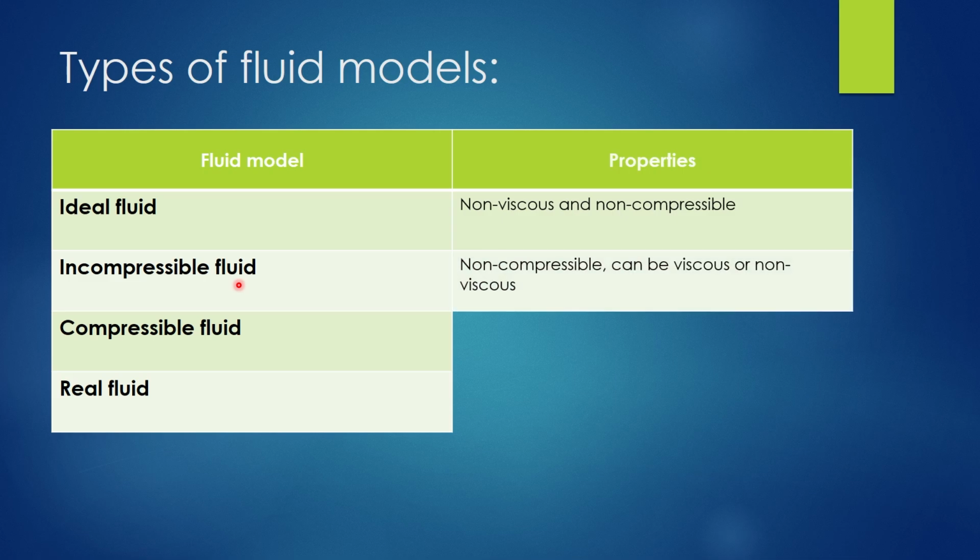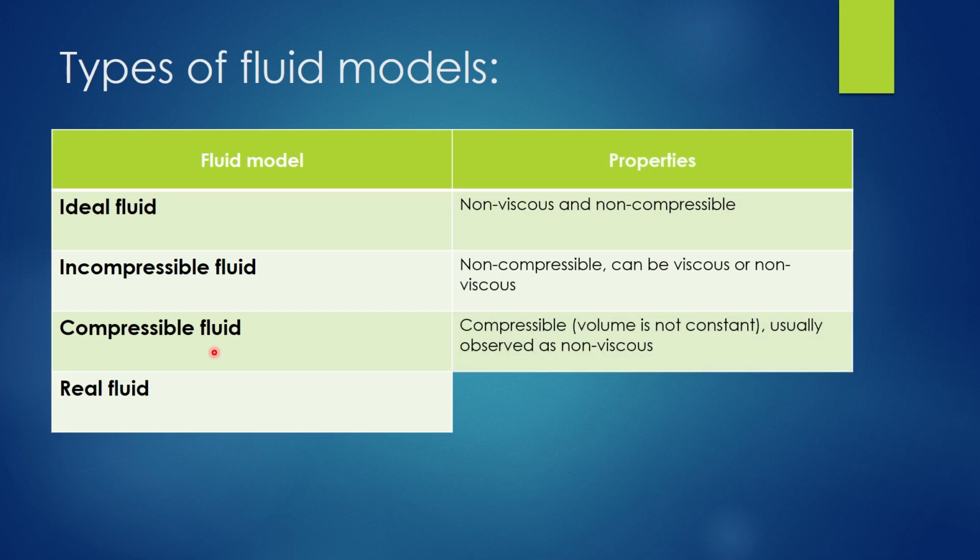Incompressible fluids can be viscous or non-viscous. Now, compressible fluids. Compressible fluids, again, as the name suggests, are fluids that are compressible. This is a model that is frequently used with gases, especially in fluid dynamics of gases. Usually, they are observed as non-viscous.